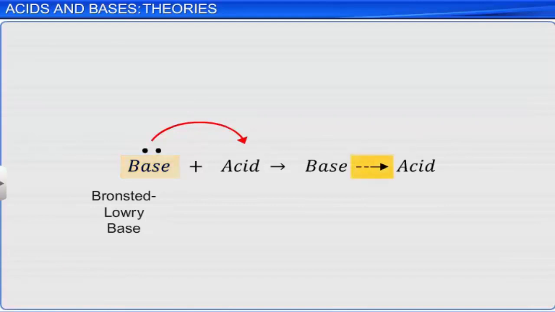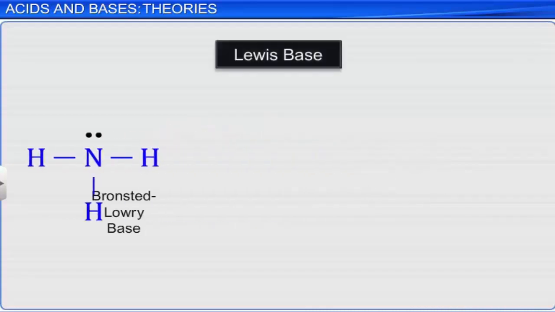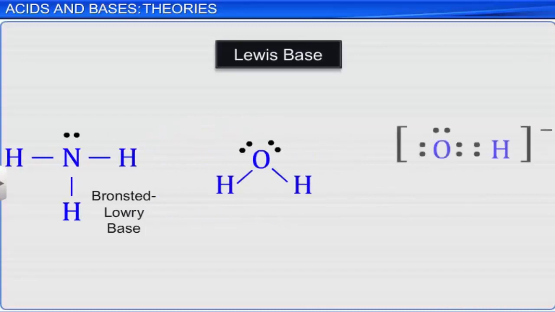For example, NH3, H2O and OH- ion act as Lewis bases. In short, an electron pair donor is a base and an electron pair acceptor is an acid.